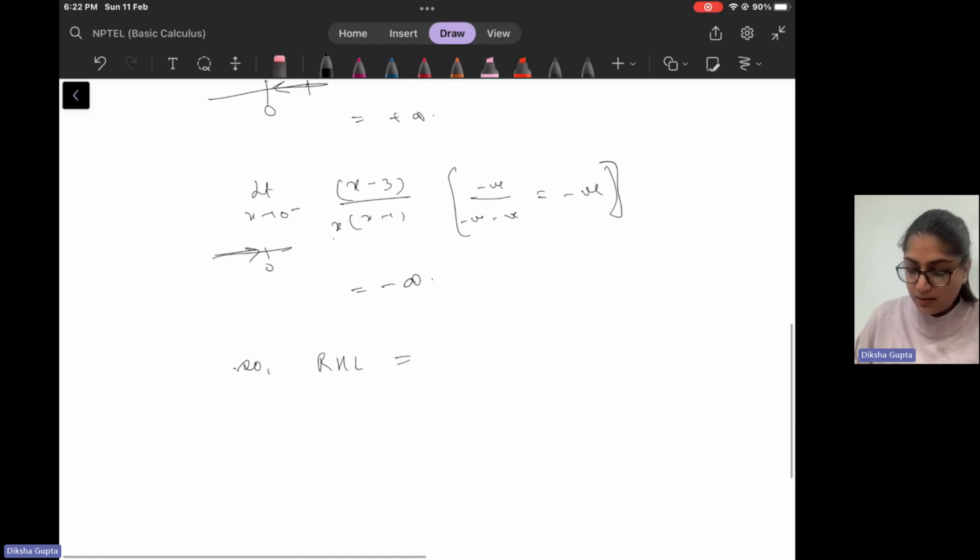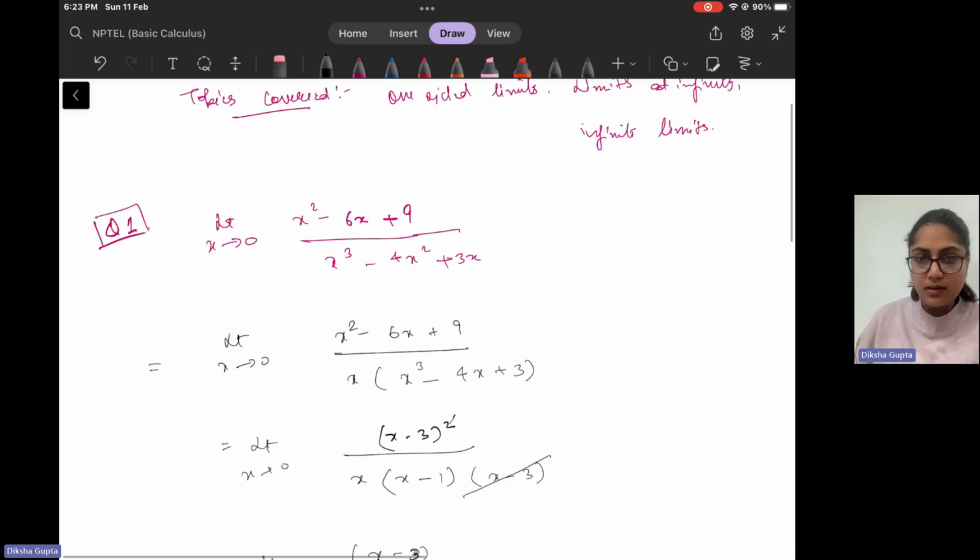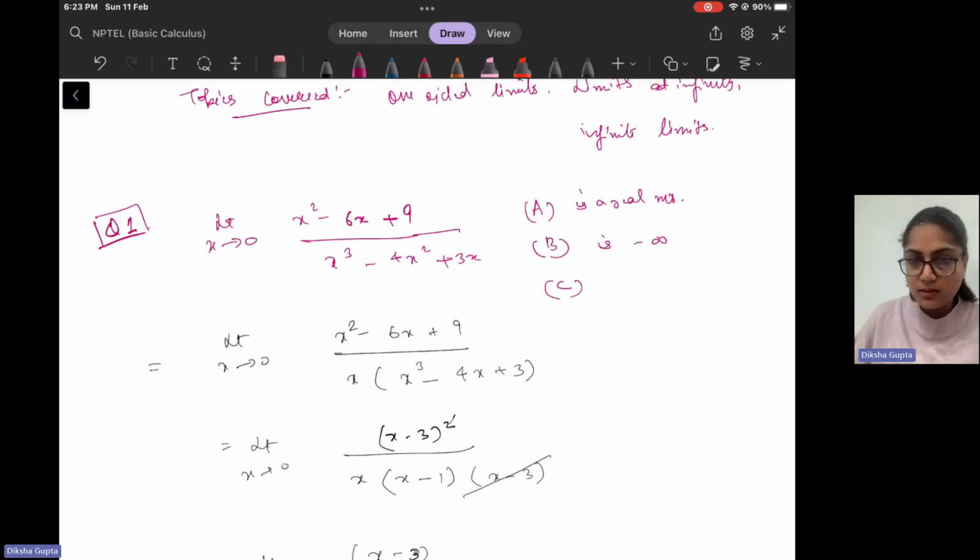So the right hand limit is not equal to the left hand limit. It had some options. A option was a real number, B was minus infinity, C was infinity, D was does not exist.